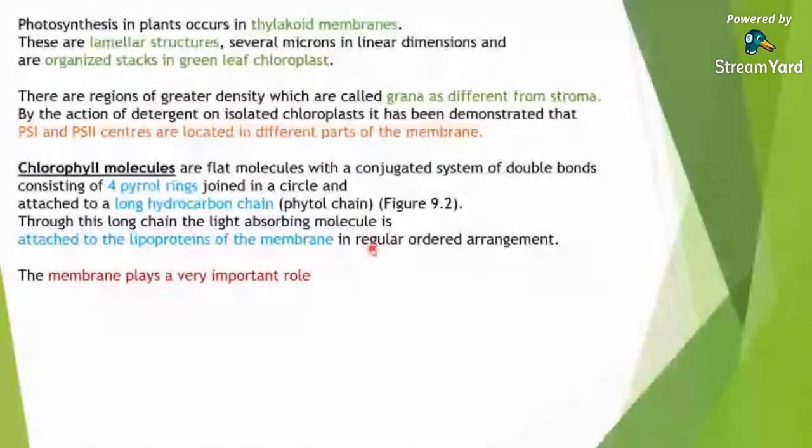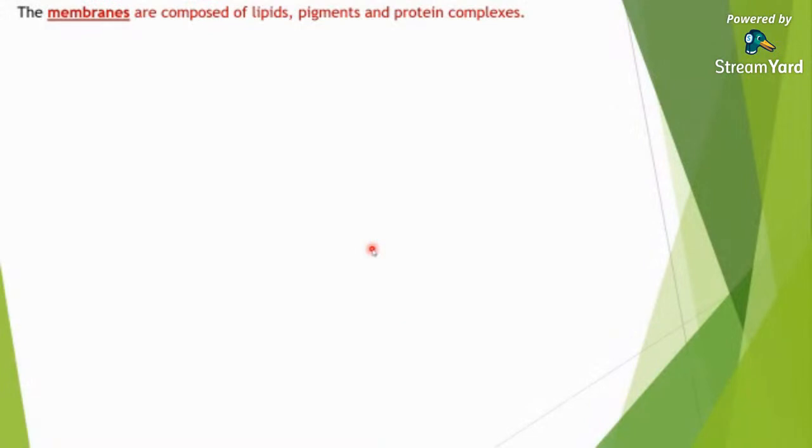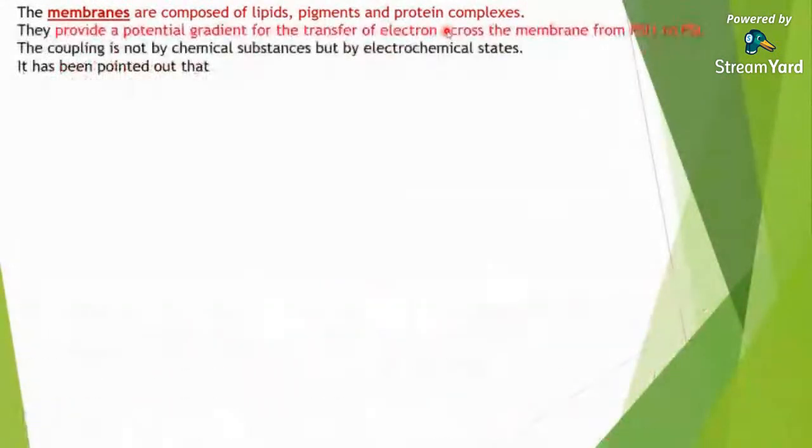The membrane plays a very important role in imparting unidirectionality to the electron transport by separating oxidation and reduction centers. The membranes are composed of lipids, pigments, and protein complexes. They provide a potential gradient for the transfer of electrons across the membrane from PS2 to PS1.